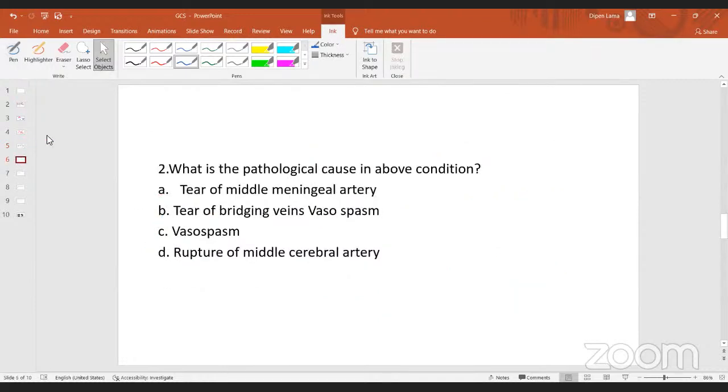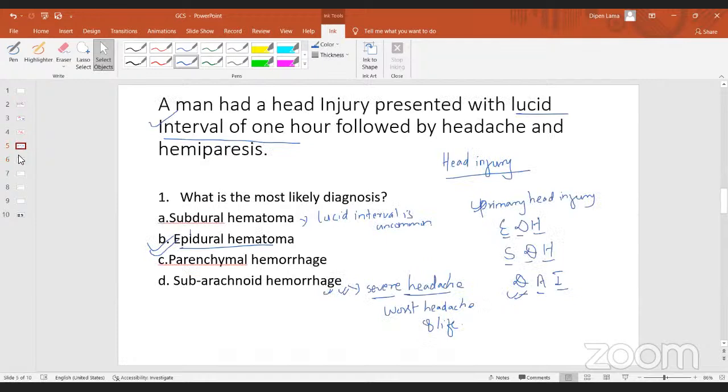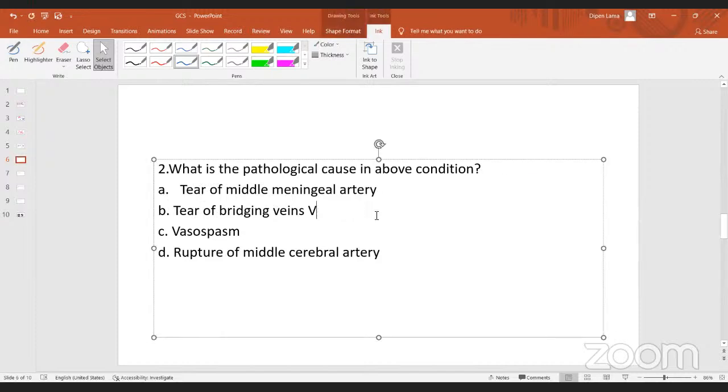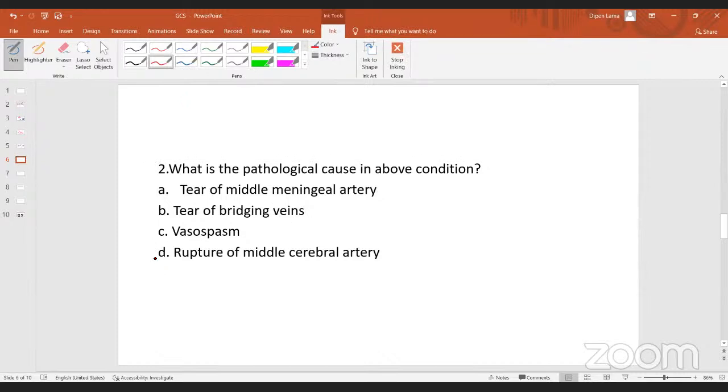Let us go to the next question: what is the pathological cause in the above condition? In this head injury case, A is tear of middle meningeal artery, B is tear of bridging veins, C is vasospasm, D is rupture of middle cerebral artery. The cause for epidural hematoma is a tear of the middle meningeal artery.